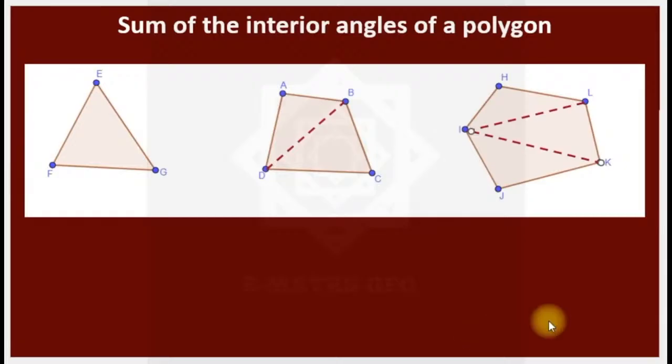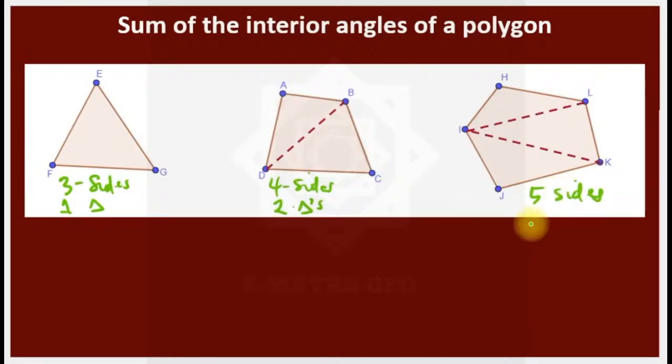Yes, we're going to get a formula. So what do you notice? Here we have 3 sides. We have 1 non-intersecting triangle. But for here, we have 4 sides. And we have how many non-intersecting? 2 triangles. We have 5 sides. We have 3 triangles.